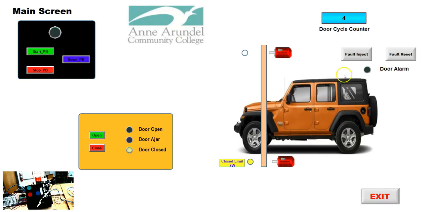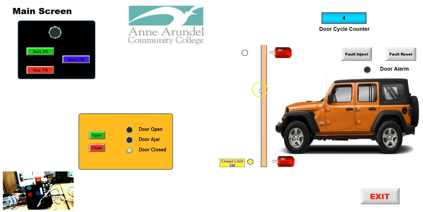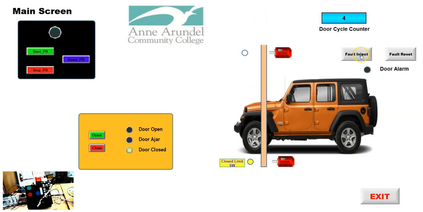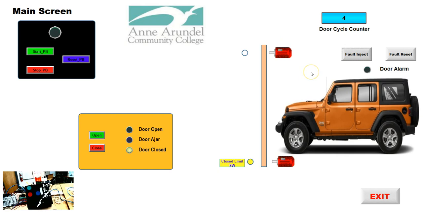Now again, we're only going to inject the fault when the door is coming down. Okay, so it says we're at close limit, we're off, and no motor's on. So what we want to do is hit our start push button. Now we're ready to go, but we have to hit open for it to go up.